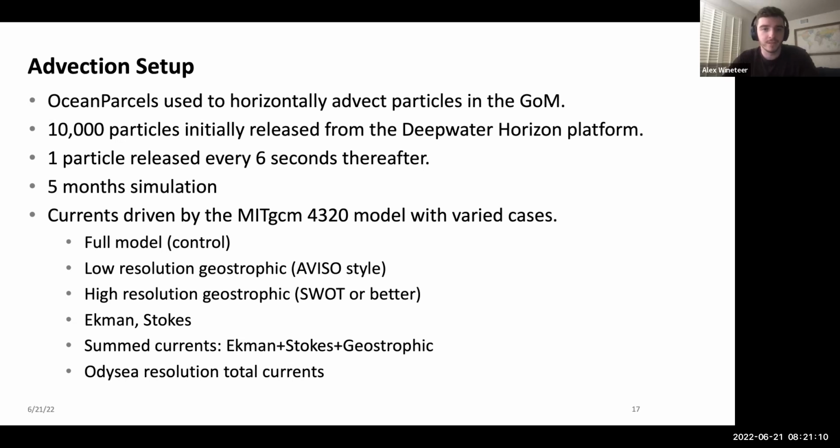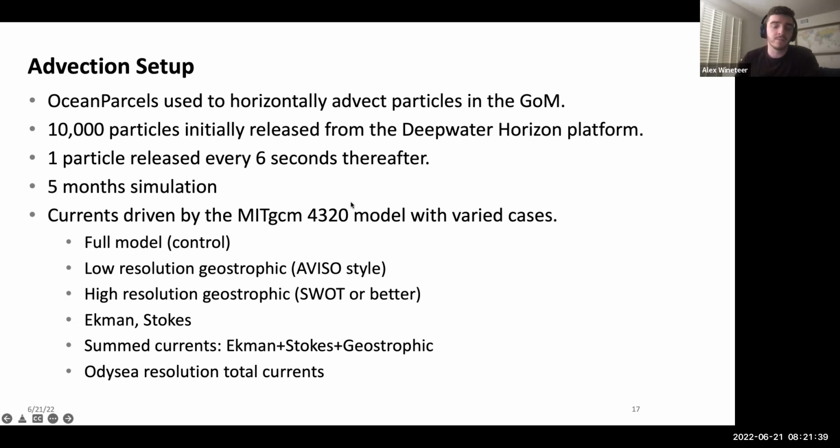I've also separated by different current types to try and get at what we can do based on the current state of the art, using Odysea style geostrophic currents, and Ekman and Stokes drift estimated from winds or scatterometry, and compared that to a full model control run and runs based on something like what Odysea could do.